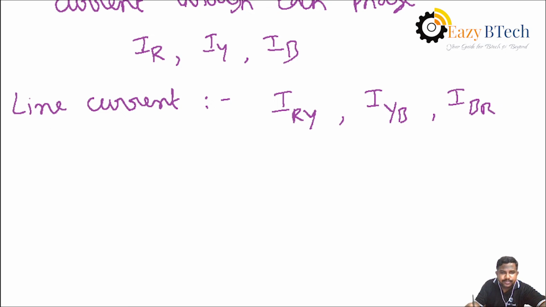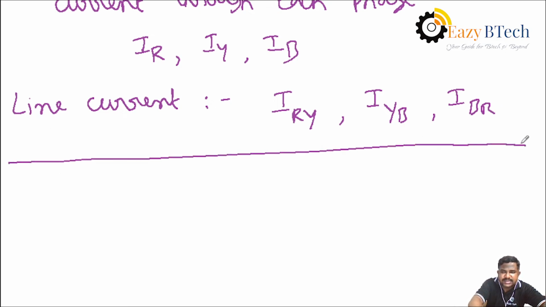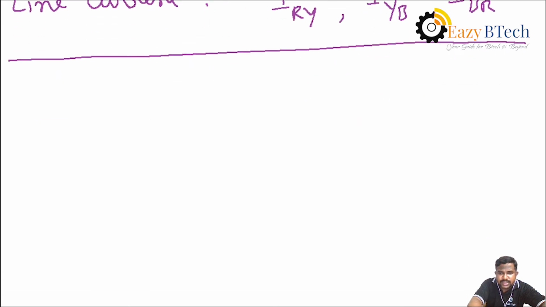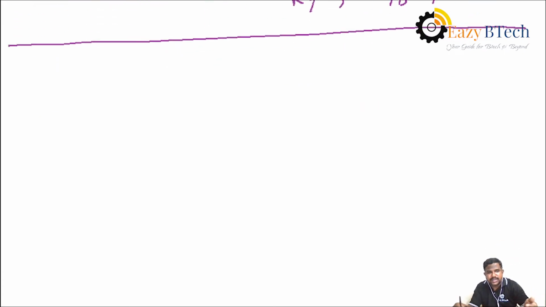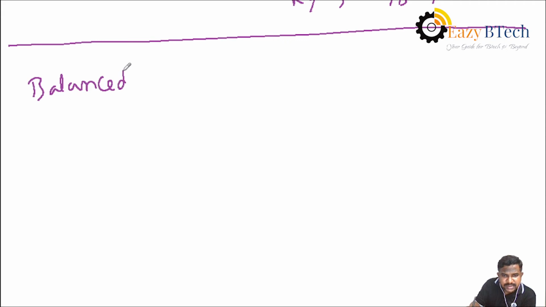So similarly, after we discuss phase voltage, phase current, line voltage and line current, in case of three phases, all three phases should be considered, that is called the circuit.